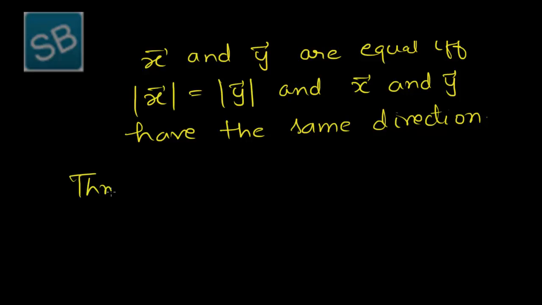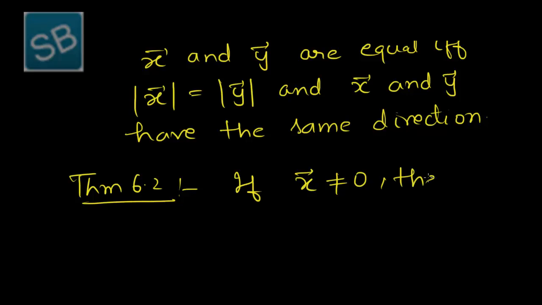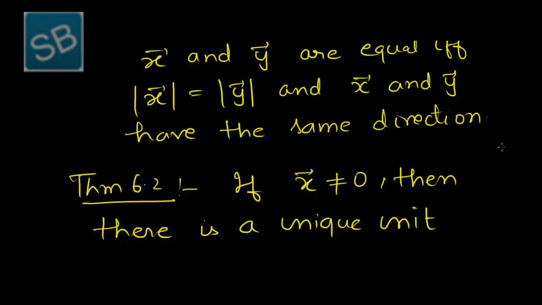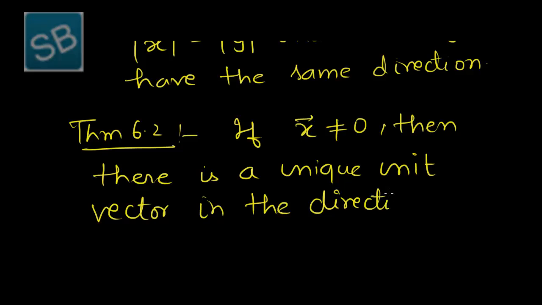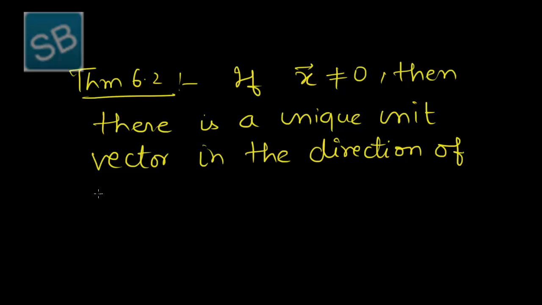And theorem 6.2 states that if vector x is not equal to 0, then there is a unique unit vector in the direction of vector x.